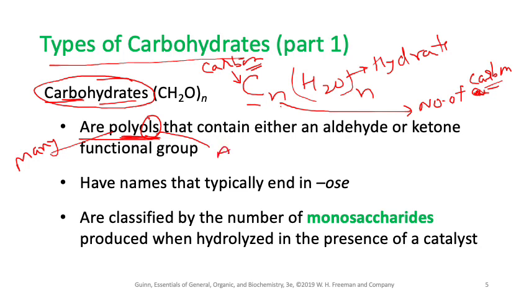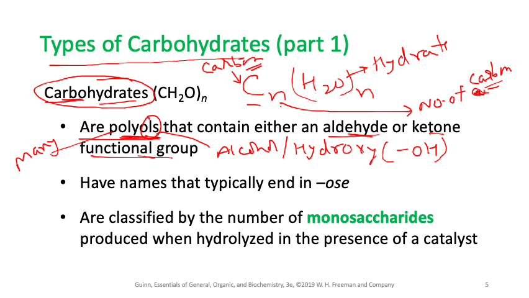So this is your alcohol or hydroxy part, and what is this? OH. So it's been seen that carbohydrate is a polyol that contains either an aldehyde or a ketone functional group. You will always see one of these functional groups on a carbohydrate, either an aldehyde or a ketone.